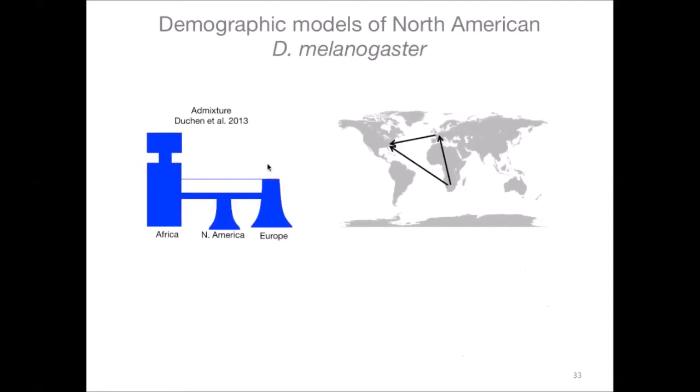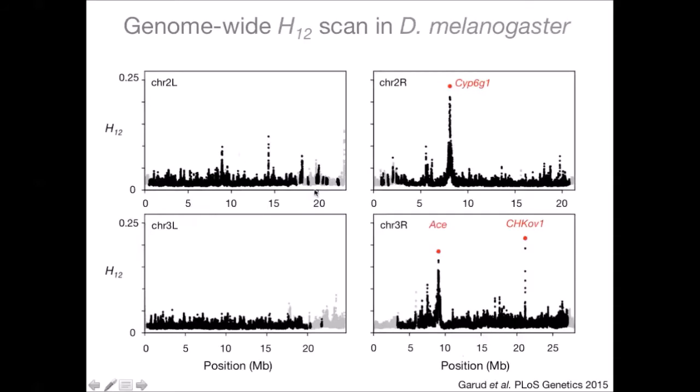And so the state-of-the-art model for North American Drosophila is that of an admixture model in which there was an admixture event between an African and a European population. And we tested whether this model could generate peaks of homozygosity observed in the data.